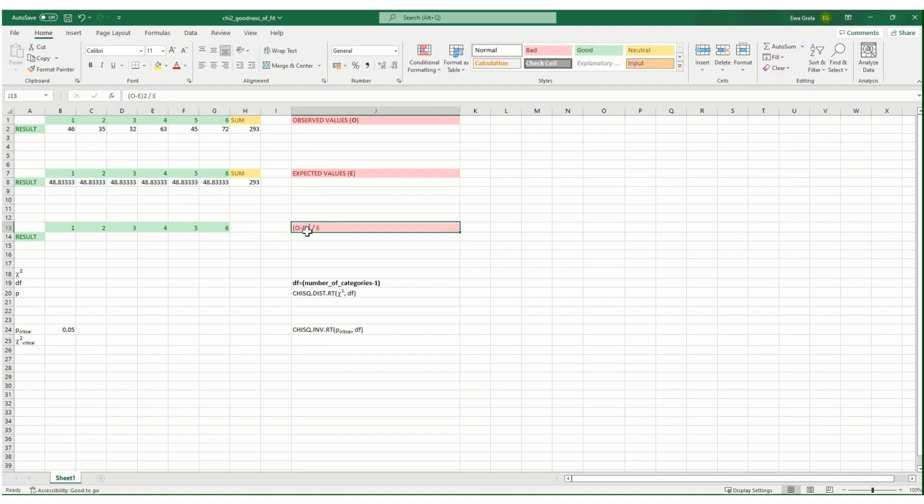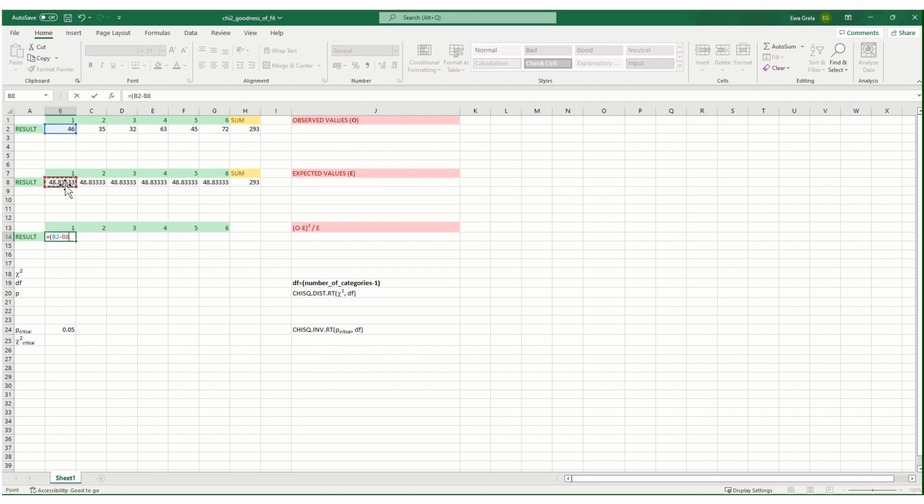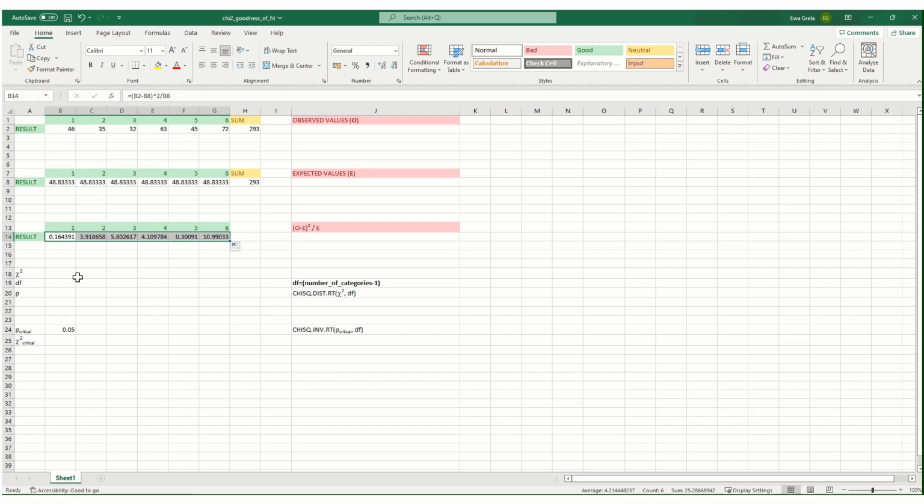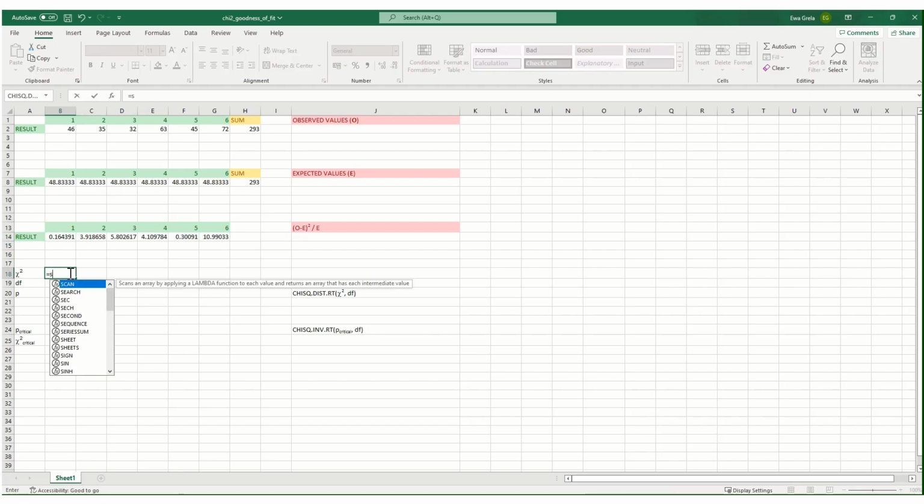For each face, we compute the square of the difference between the observed and expected frequencies, then divide the result by the expected frequency. The chi-square statistic is the sum of these values.